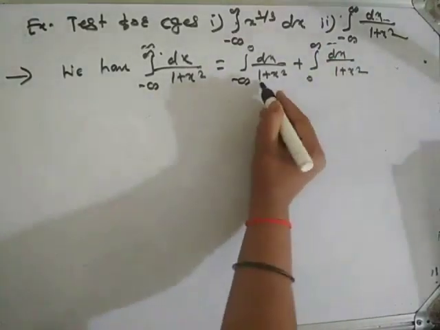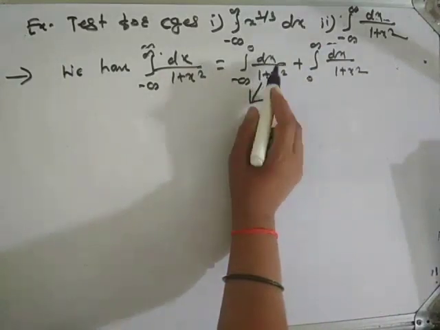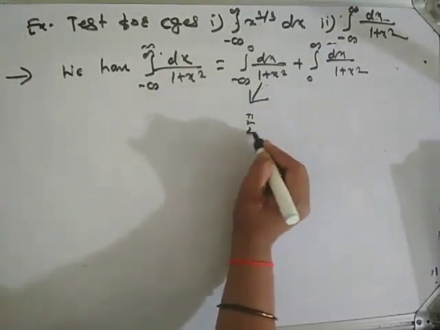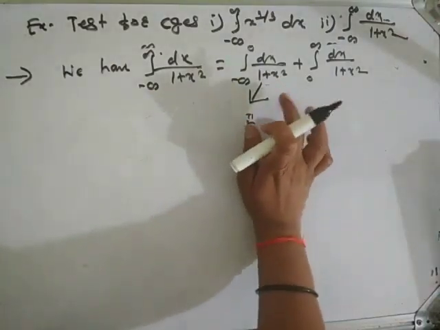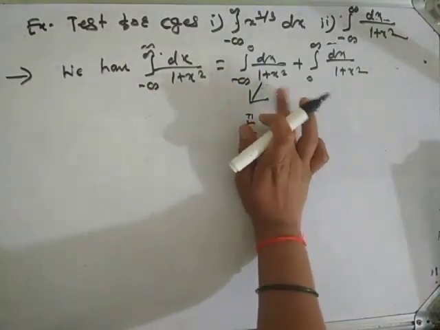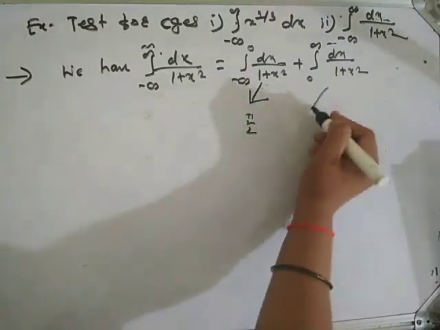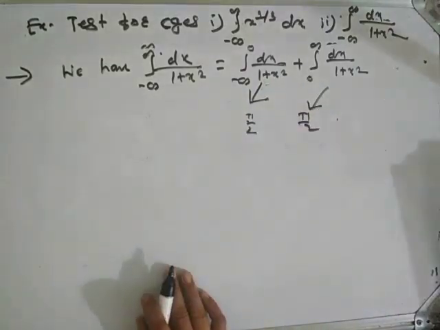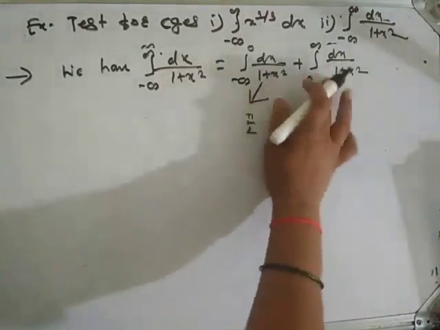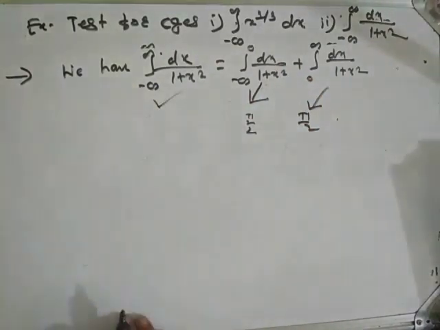Very simple. The value of this integration is pi by 2, as previously we have solved this example. Similarly, this is also pi by 2. So both these integrals are convergent. That's why this integral is convergent.